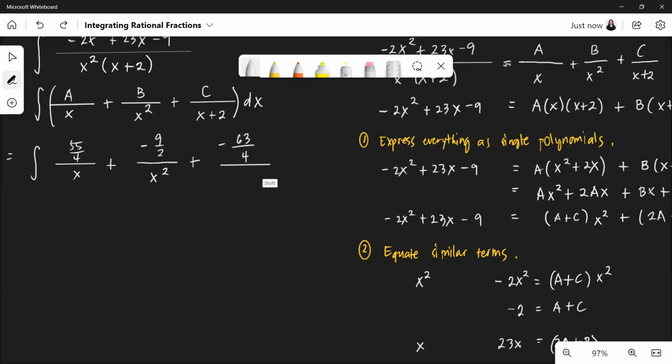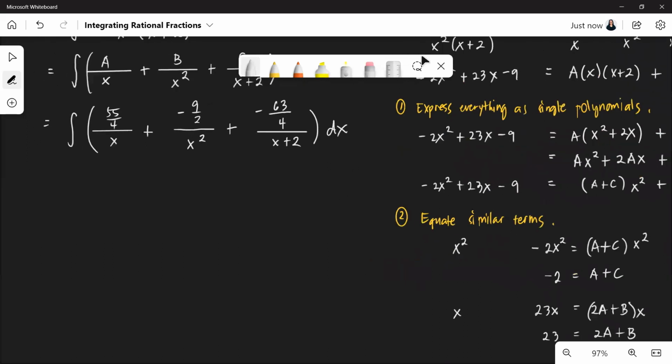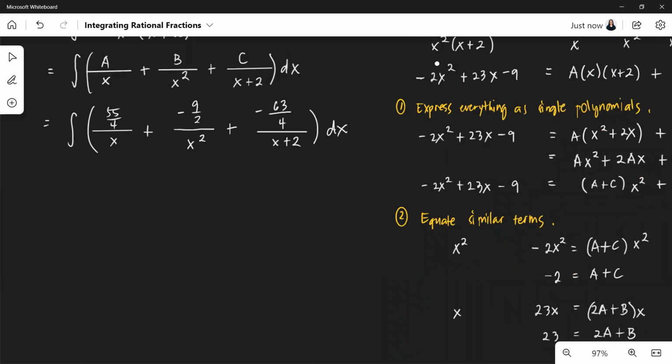Over x plus 2. So we can now integrate once the partial fractions are formed. We can already apply integration.